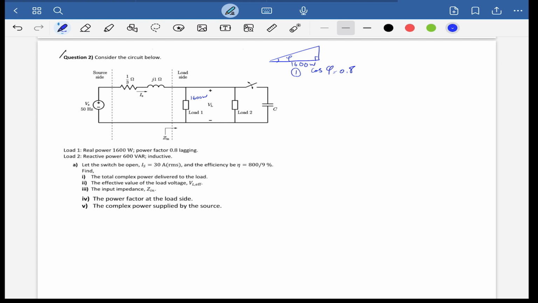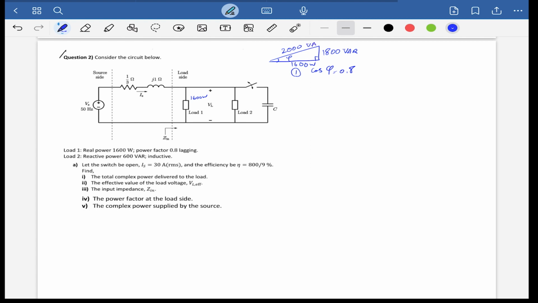So from here we can immediately find the apparent power by the cosine, which will be 2000. And the other side can be found as 1800 VAR. Okay.